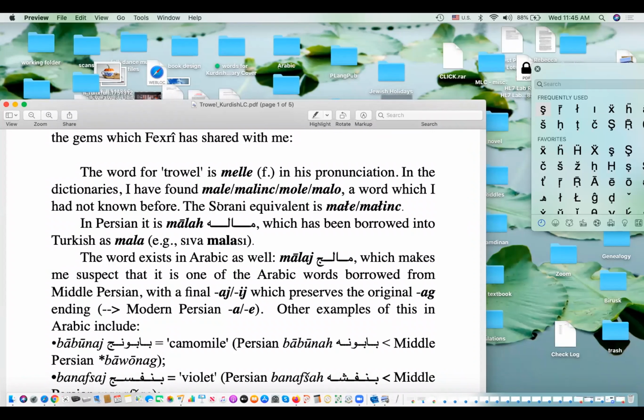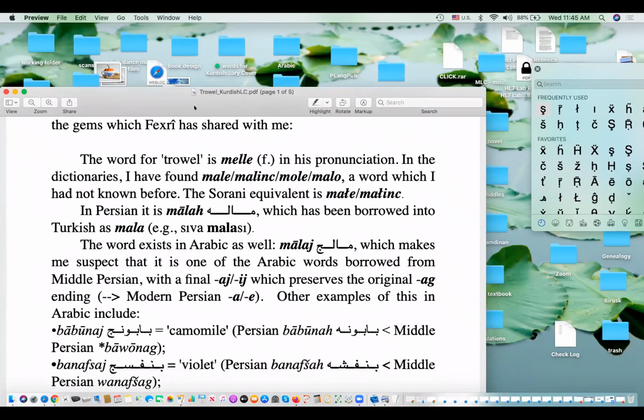Now, the interesting thing is that the word exists in Arabic as well as malaj, which made me suspect that this is one of those Arabic words borrowed from Middle Persian with the final aj, which preserves the original ag of Middle Persian, which is softened to or melted away to a in modern Persian.